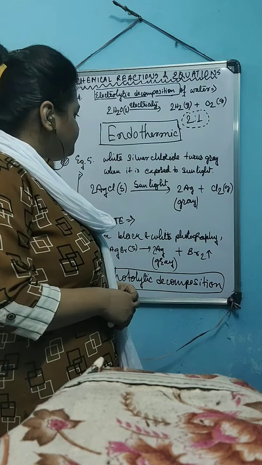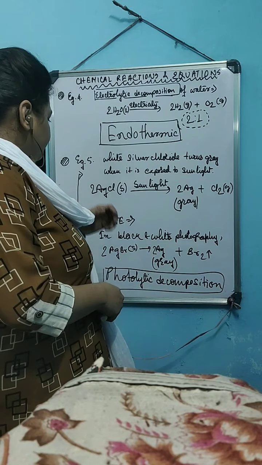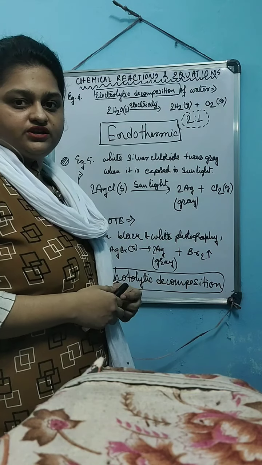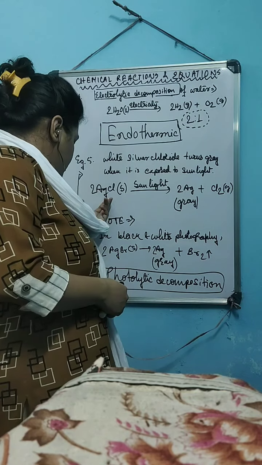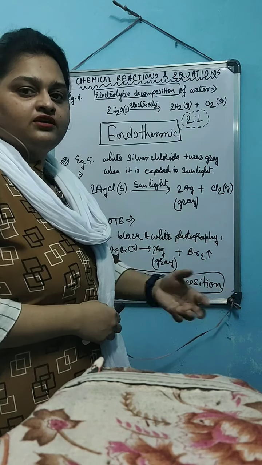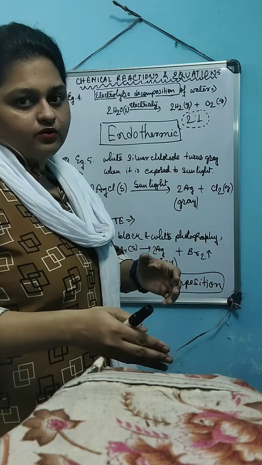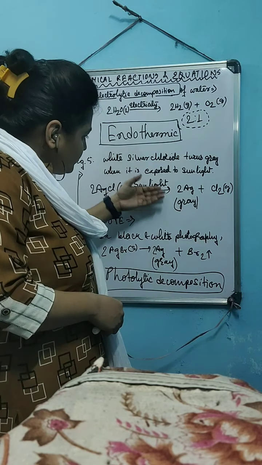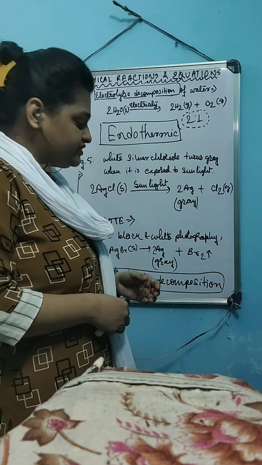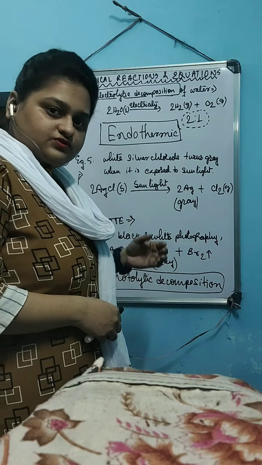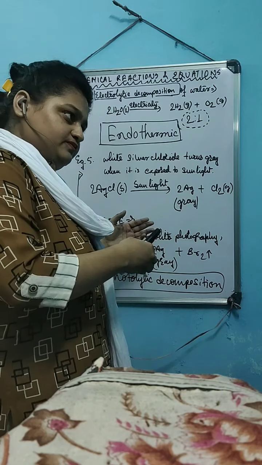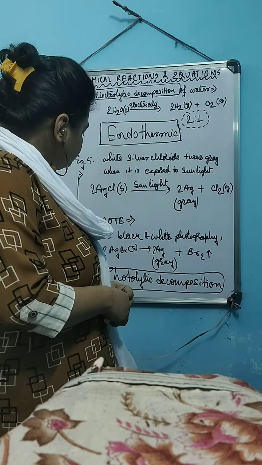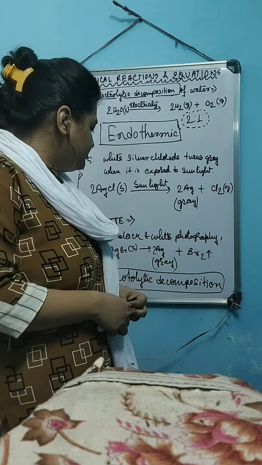Now let's look at the fifth example. We have taken silver chloride, which is a white powder. When we subject silver chloride to sunlight, it decomposes to give silver, which is grey in color, and chlorine gas. This similar reaction can also be observed for silver bromide, which is why in past days silver bromide was used for black and white photography.